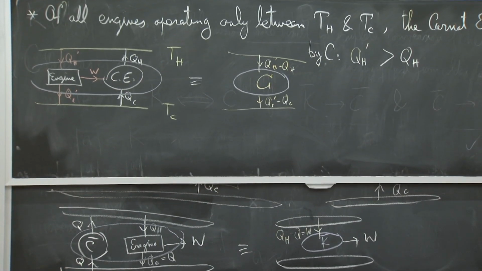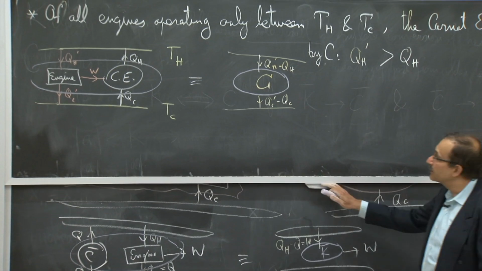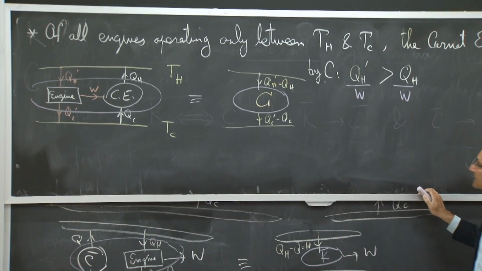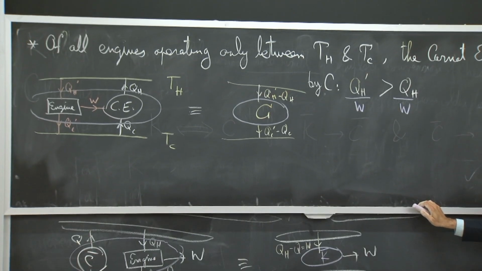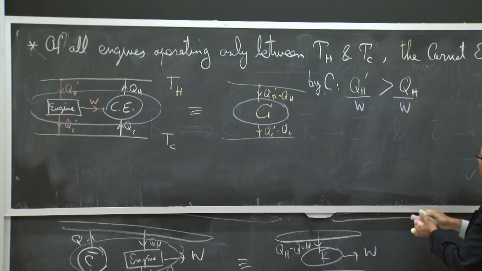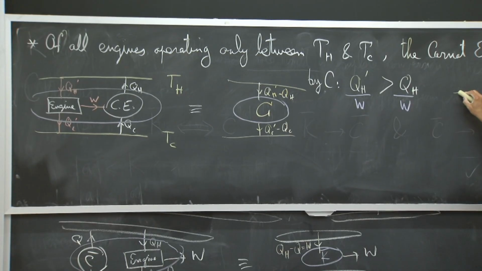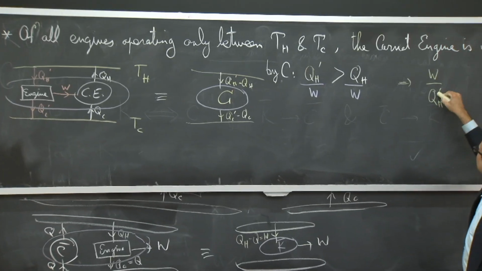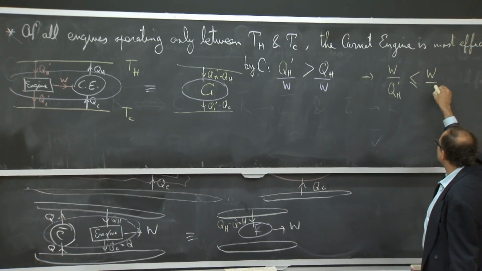So then what I can do is I can divide both expressions by W and then invert this thing. And if I invert it, the inequality gets inverted. So I get that W over QH prime is less than W over QH.